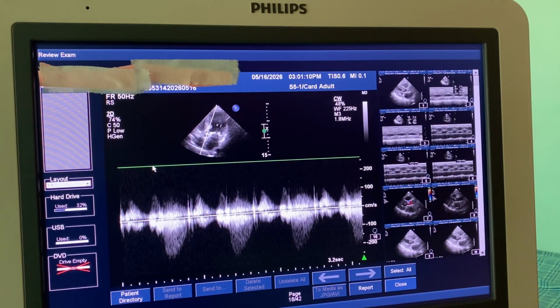Velocity, where we have maximum velocity, Vmax. And then we have mean velocity.